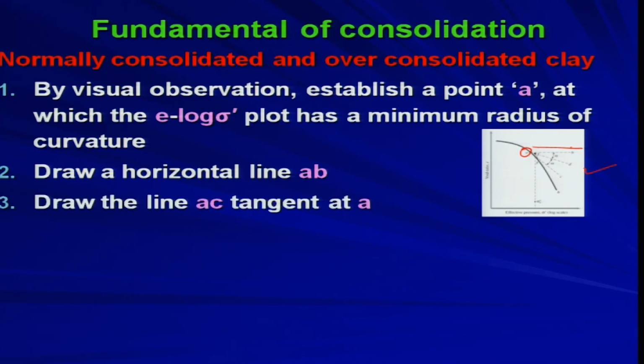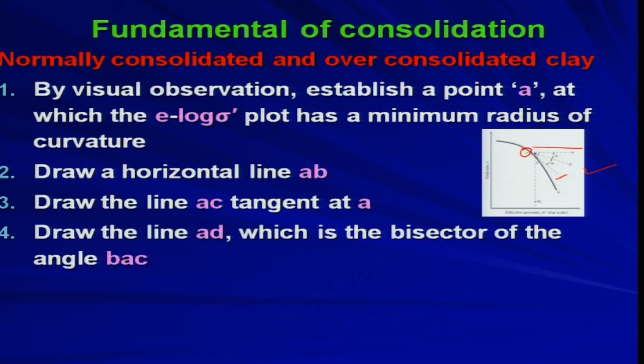Then in the third step, draw the line AC, which is the tangent at A. Then draw the line AD, which is the bisector of the angle BAC.